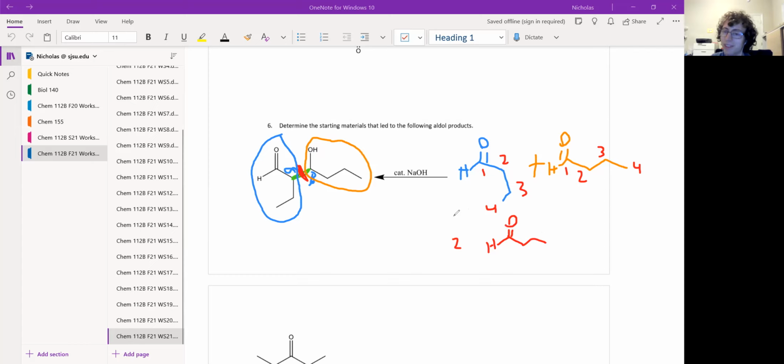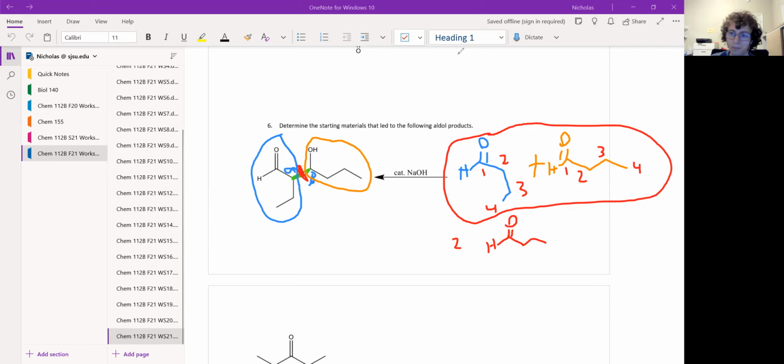But if this was on an exam, I don't think it would hurt at all to just draw it like I did here. Just draw both of them. And then once you draw them, you see they're the same, but it doesn't matter necessarily. You could just say they're the same thing as a note, but it's better to be safe.